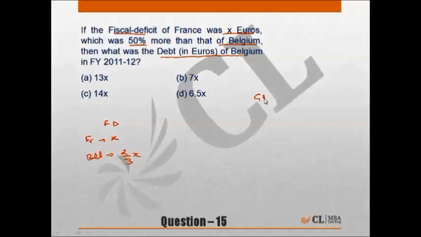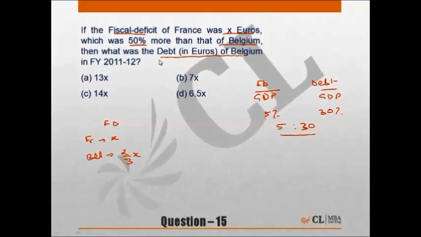Now just remember, we know fiscal deficit upon GDP and debt upon GDP figures for all the countries. And as I said, if fiscal deficit is, let's say, 5% of GDP and debt is, let's say, 30% of GDP, that means the ratio of fiscal deficit to debt should be 5 is to 30.